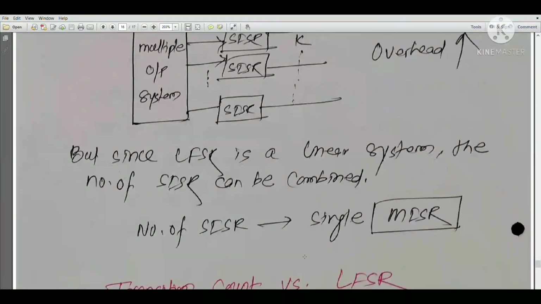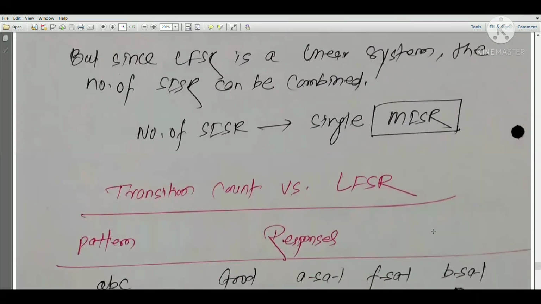But since LFSR is a linear system, we can apply the superposition theorem and the number of SISRs can be combined. So instead of having a number of different SISRs, we can have a multiple input shift register, that is known as the MISR. A single MISR we can have, as we can apply the superposition.